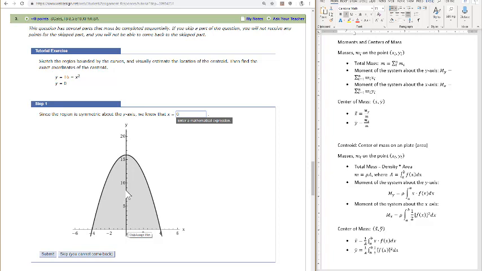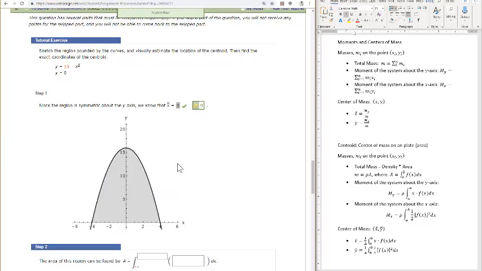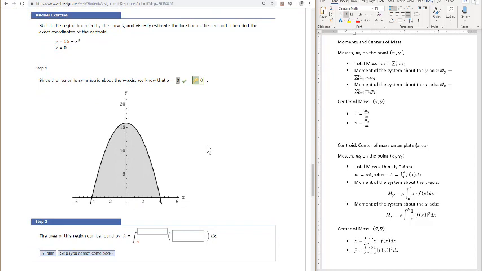We would be looking at the centroid to be between 5 and 10, maybe a little bit closer to 5 than 10. So that's what we should be expecting in terms of trying to eyeball it. But we know for sure, because of the symmetry, that the x value of the centroid is going to be 0.